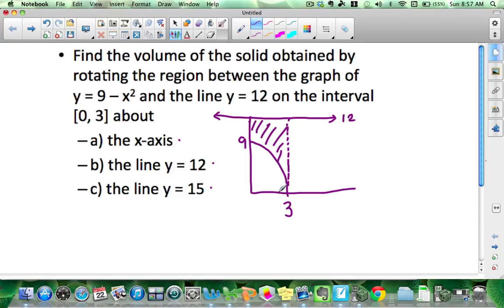All right, if I am rotating him around the x-axis, if that is my axis of rotation, then I'm going to be integrating washers. Because as this rotates around here, it's going to create sort of a shape, I'm not very good at drawing these.